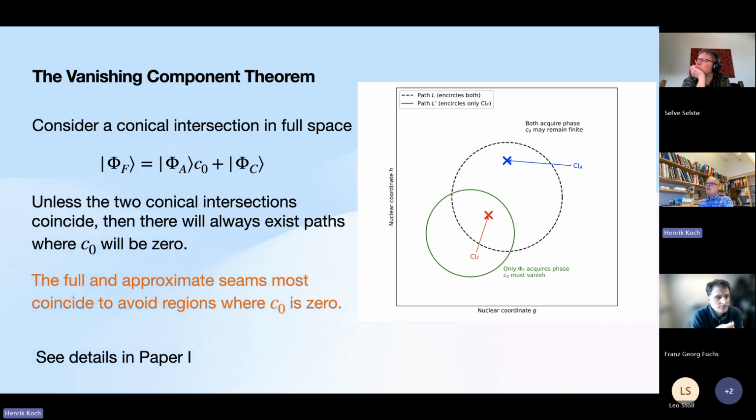And this means that as it is kept real, it will pass through zero. And this means that there are actually points in the configuration space where that approximation to the wave function completely disappears. Now, one could say, what if A also accumulates a phase? That is certainly possible. For instance, we could have an open shell determinant, and then one of the orbitals in that determinant could change its sign when I go around the punctured line.